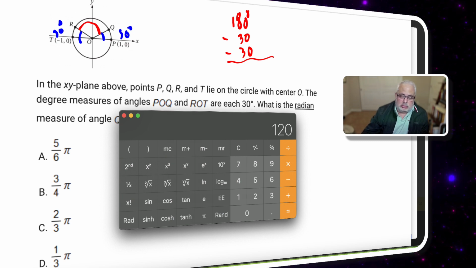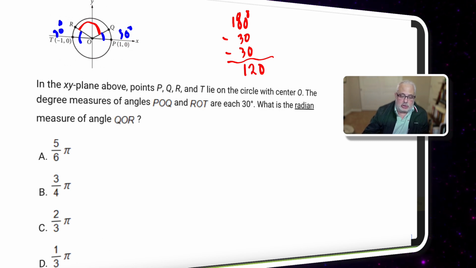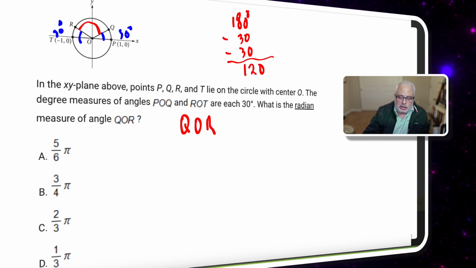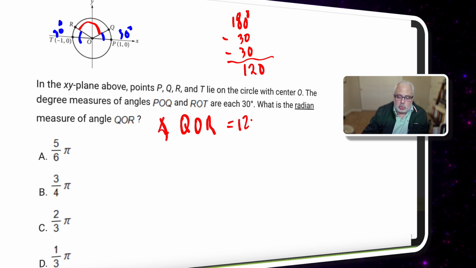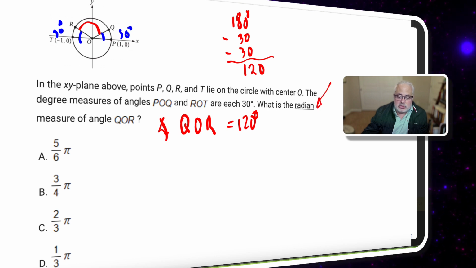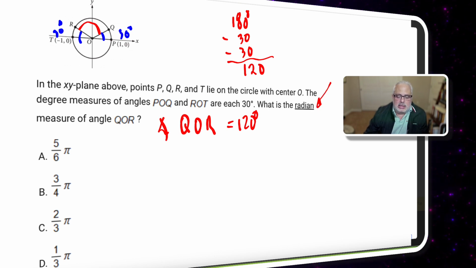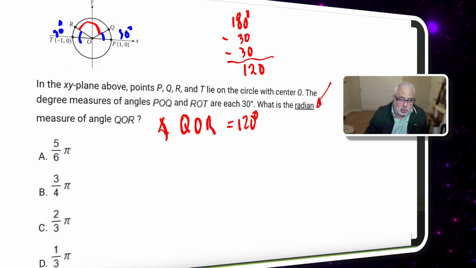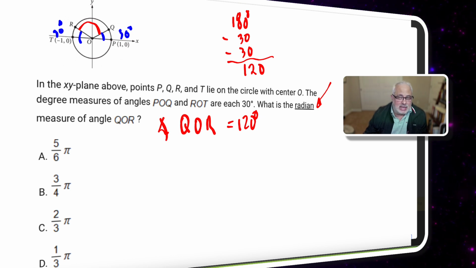So I know that the angle here, the angle QOR, that angle there is 120 degrees. But they want radians. They want radians. So we have to convert 120 into radians. And this is what makes the question medium difficulty.